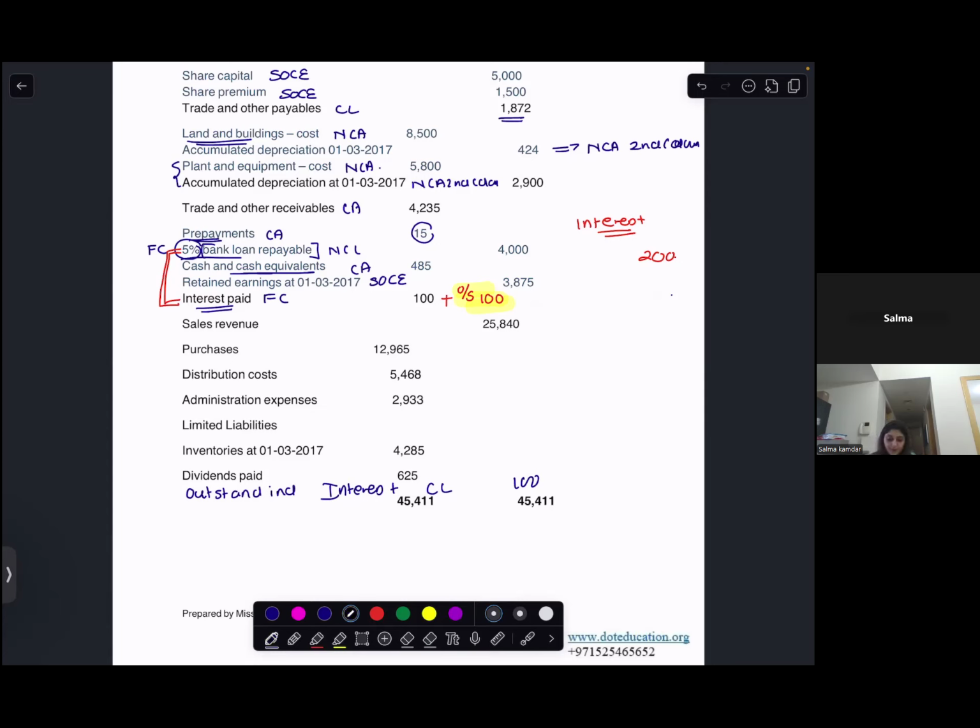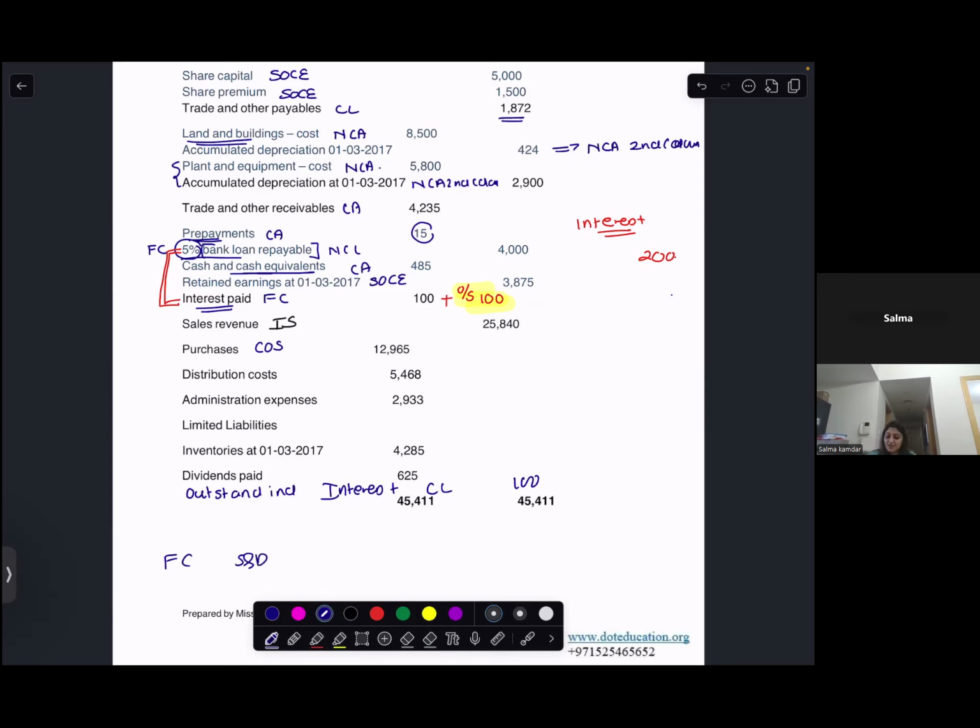Sales revenue, purchases, cost of sales. From limited company onwards, we are not going to describe our expenses as other expenses. We would bifurcate it into finance costs, selling and distribution, and administrative expenses. So it would either be FC, S&D, or AE.